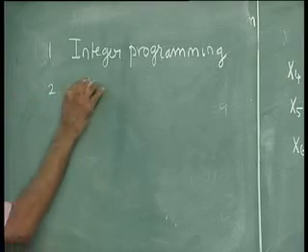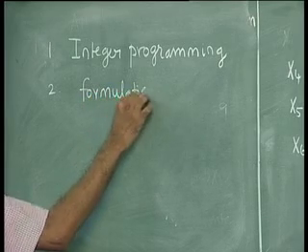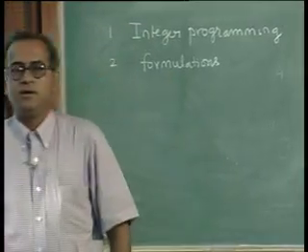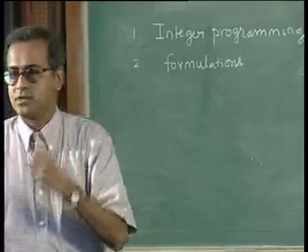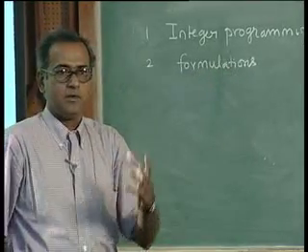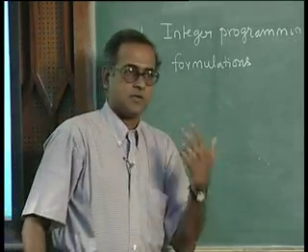Then we looked at some formulations, and the advantages of using integer programming as a way to model a set of situations. We saw examples where 0-1 was very powerful. You could model an either-or situation, you could model k out of n constraints and so on.